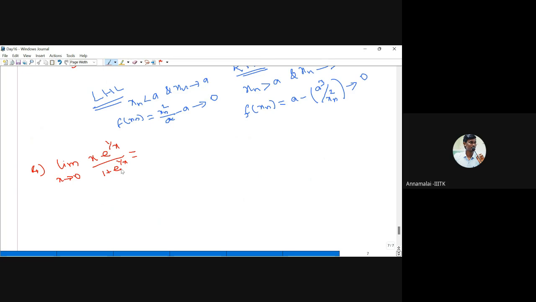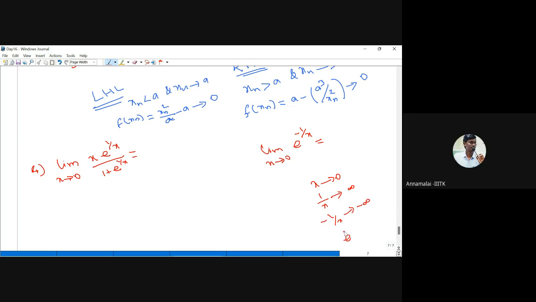So first, roughly, x is very near to 0. Then 1 by x goes to infinity, and minus 1 by x goes to minus infinity.